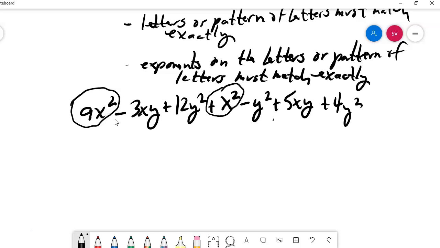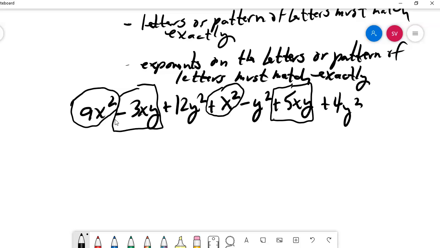Now, what I like to do is when you have a big long strand like this, I like to put the like terms under different symbols. So I put a circle on 9x squared and x squared. Now maybe I might do a square on minus 3xy and 5xy. They're like terms because the letters match and the exponents are assumed to be 1 on both the x and the y.